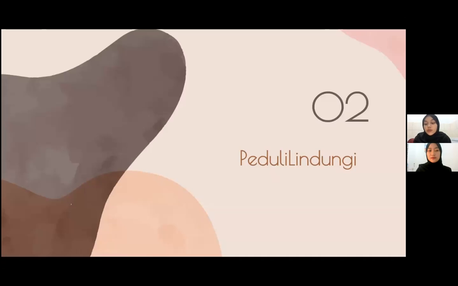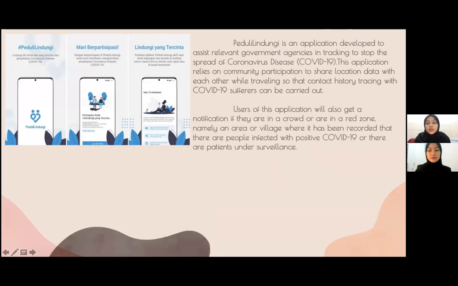Okay, so the second one we're gonna explain about PeduliLindungi. PeduliLindungi is an application developed to assist relevant government agencies in tracking to stop the spread of corona disease, also known as COVID-19. This application relies on community participation to share location data with each other while traveling, so that contact history tracing with COVID-19 sufferers can be carried out.